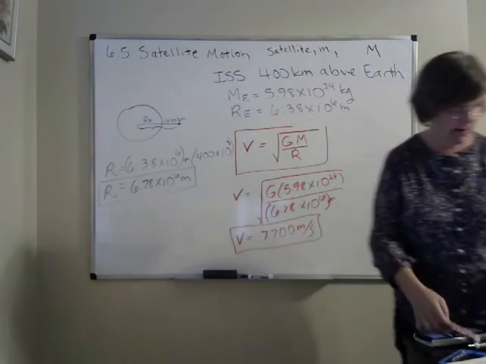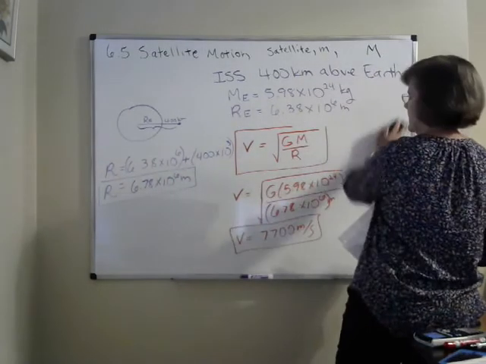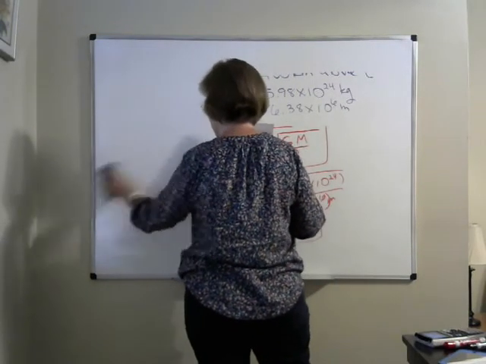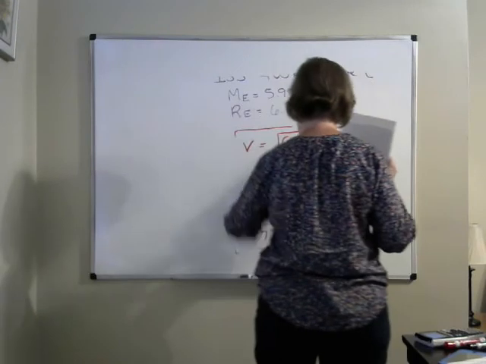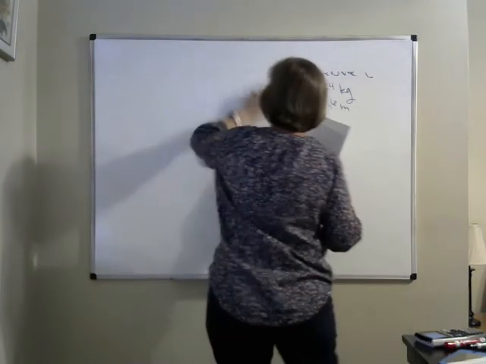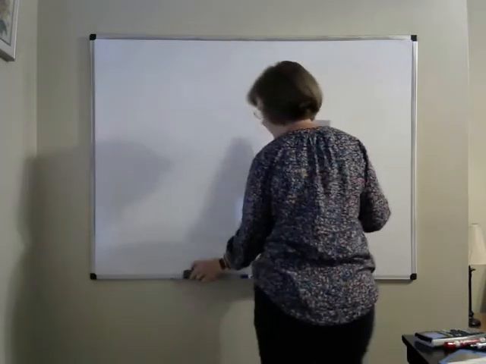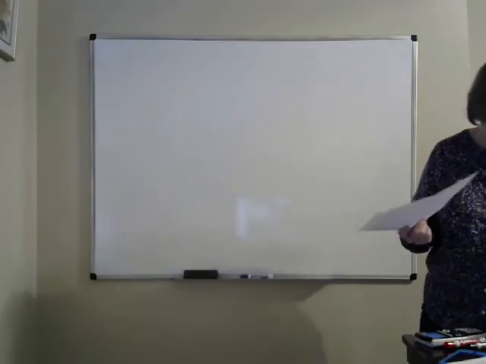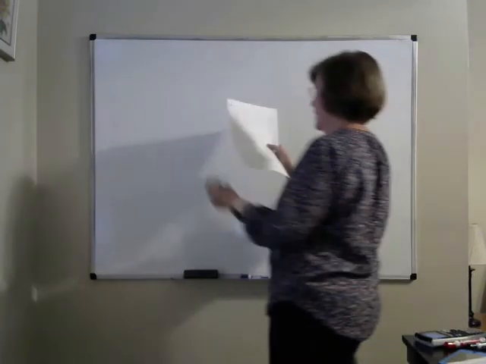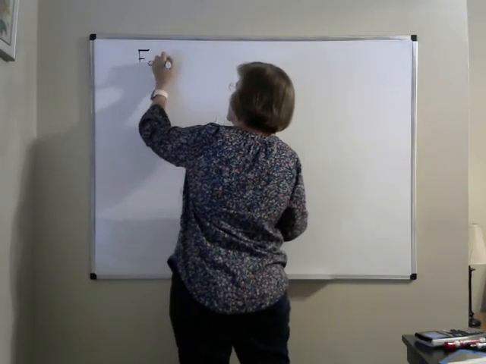Okay, let's carry on. Let's do something else with those formulas. Let's erase all of this. We know that when something is orbiting, the centripetal force is due to gravity.